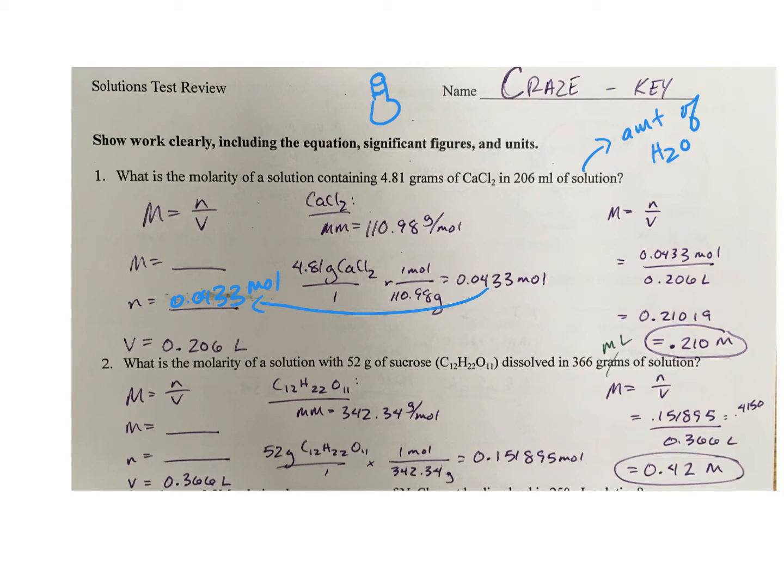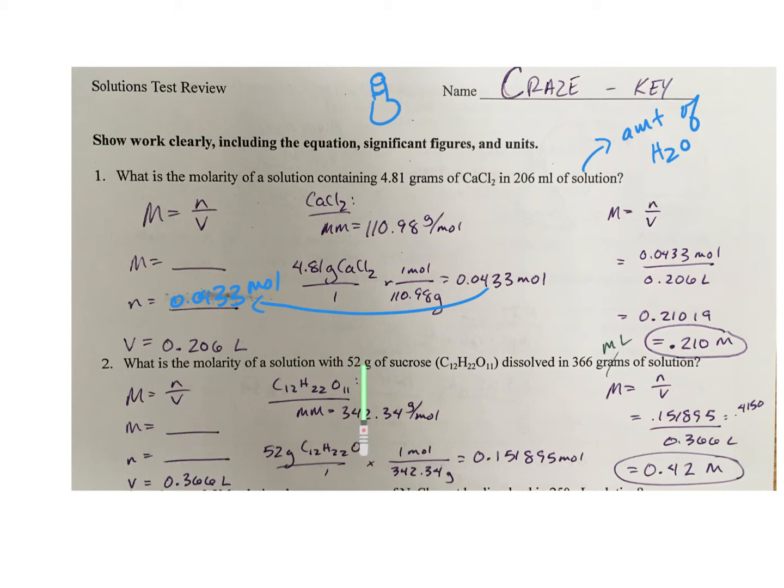Now you have enough variables that you can use M equals N over V to determine the concentration. If you put this in your calculator, the number would give you 0.21019. You have only 3 significant figures for both of the values in the problem, so your answer should be 0.210 molarity.